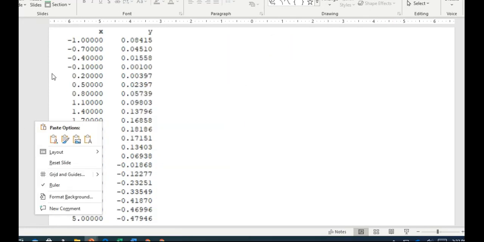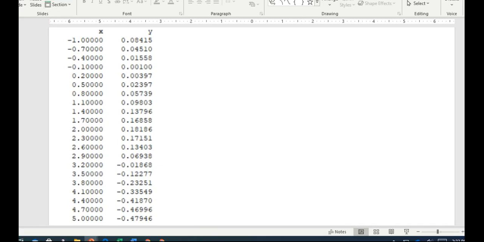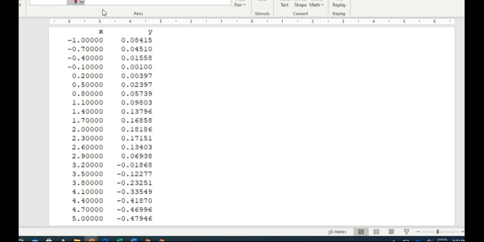Taking a look at table number 2. So we are looking for relative maximums and relative minimums. From 0.08 to 0.04, this is decreasing, decreasing, decreasing, decreasing. But from 0.003 to 0.002, this increases.